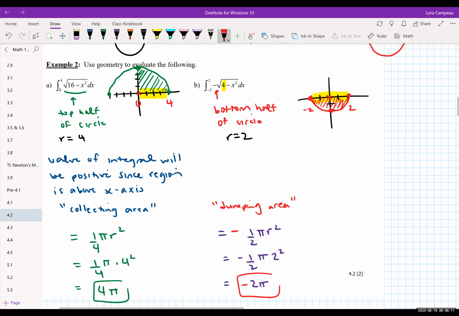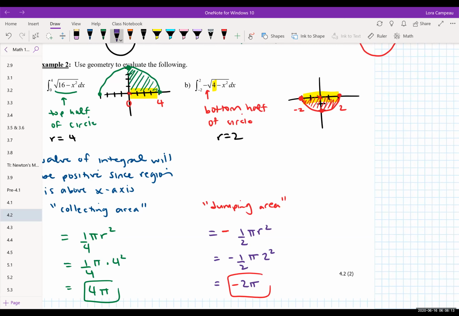Now, just to be careful, a little note that could help you, it depends on how they're asking the question. So integrals, we've decided they can be positive, negative, or 0, of course.